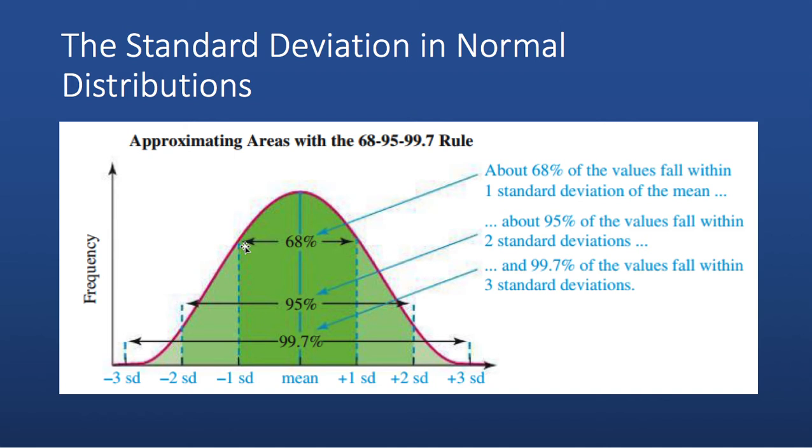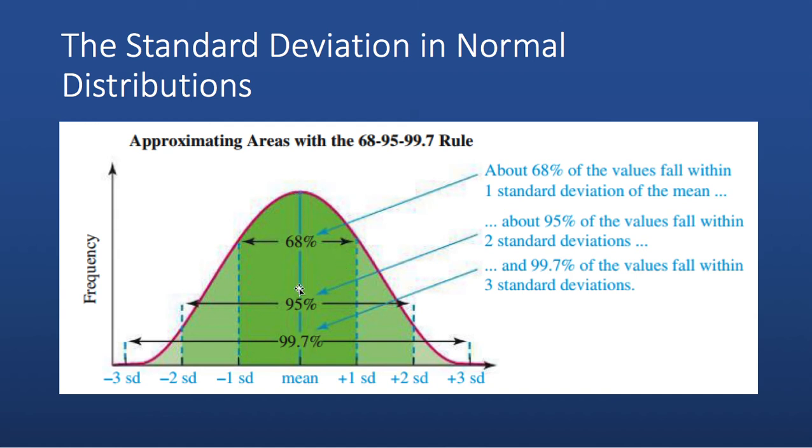This is a rule that would be helpful to just memorize. Remember this rule. It's called the 68, 95, 99.7 rule. And what it means is that if you have a normal distribution, it has to be a normal distribution for this to be true, 68% of the data is expected to fall within one standard deviation of the mean value.